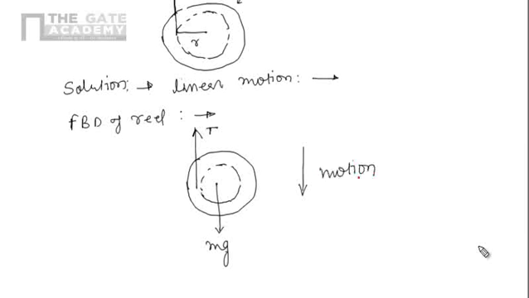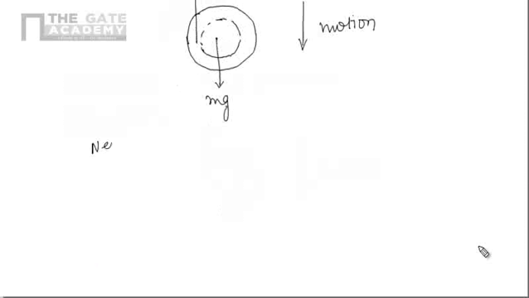If the body is in motion, then we can easily apply Newton's second law of motion, that is, net force equals mass into acceleration. I am considering the linear motion, so the acceleration will be linear acceleration.